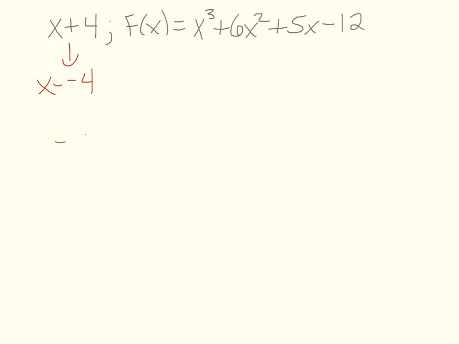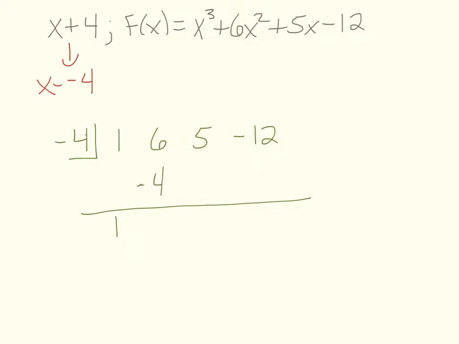That means we put the negative 4 inside the box and write down all of the coefficients. Now we bring down the 1 and multiply it by negative 4. We add for negative 2... and multiply for negative 8, negative 3, and 12, and 0.